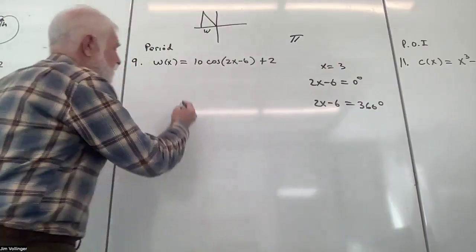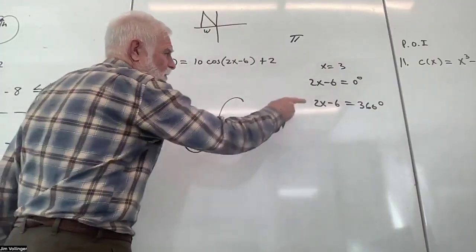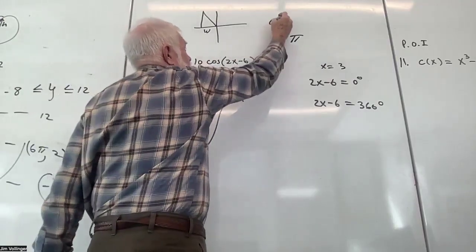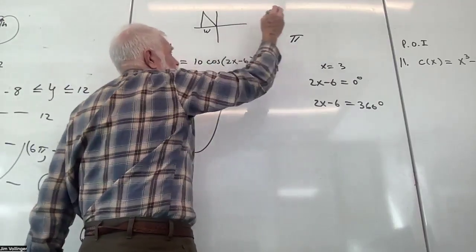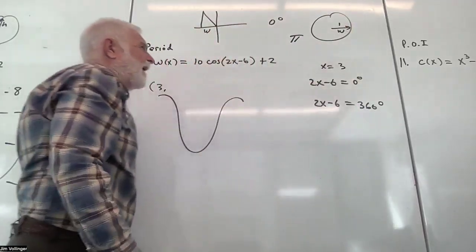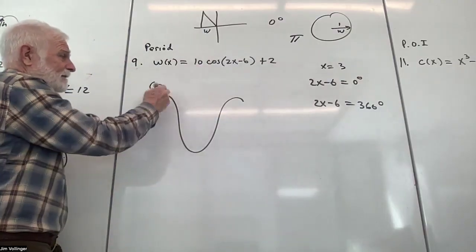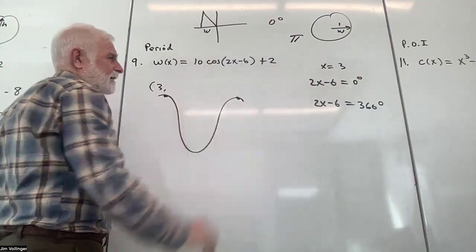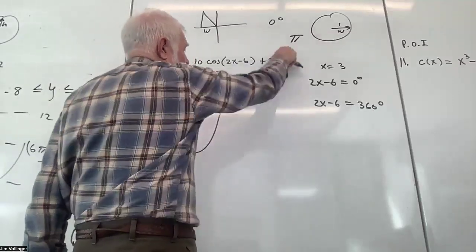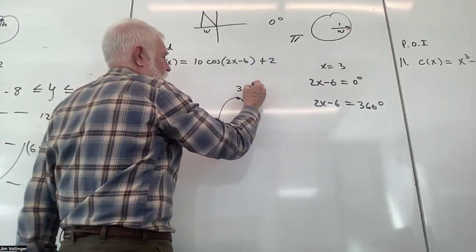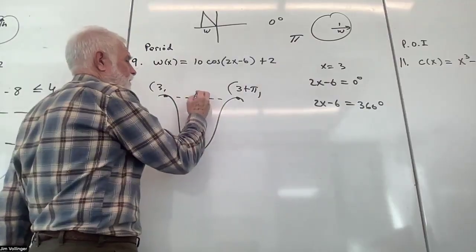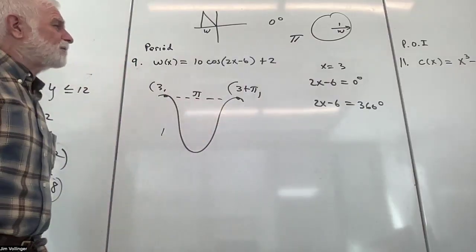So I have a cosine curve. I'll make a 0 out of it. 3. 0 is over here, 0 degrees over here. So what is my width in the unit circle over here? What is that width? I hope you're saying 1, which is a max. And we're at a max, headed back to a max. And I now know that pi is going to be my answer for the period. 3.14 units.